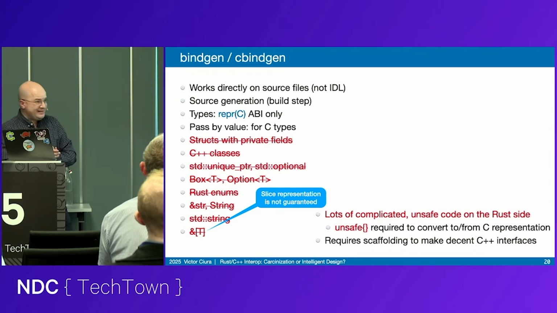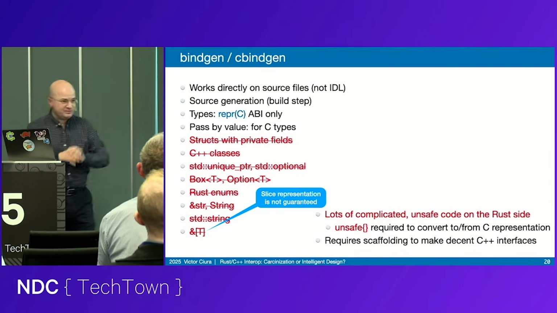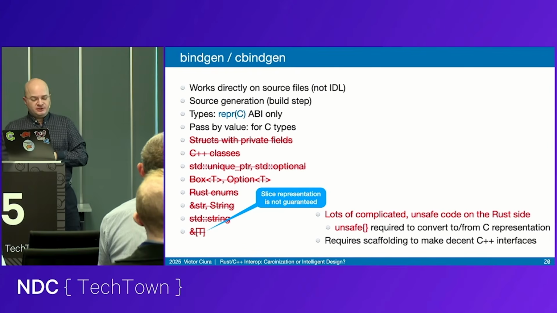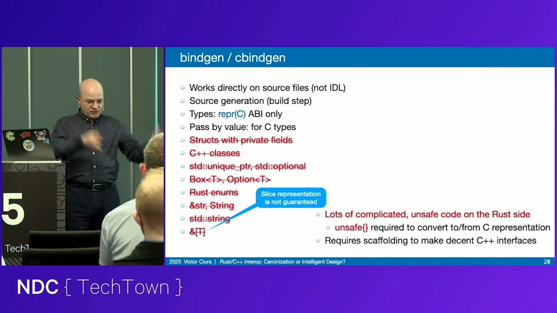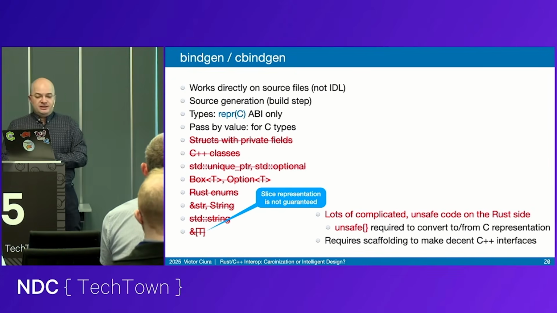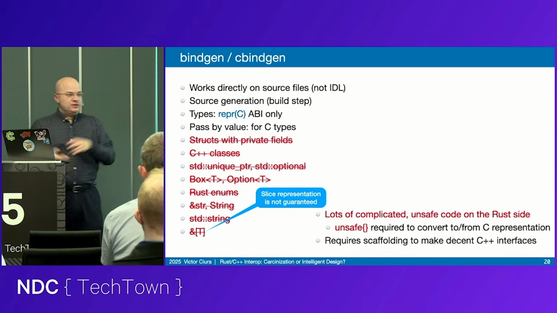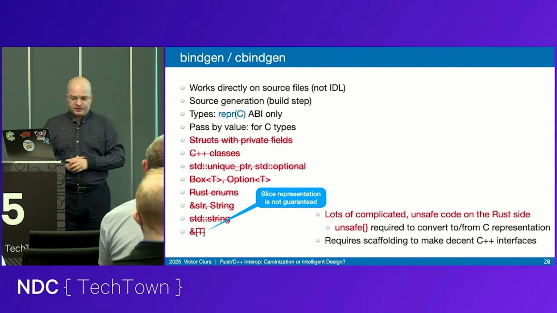And you only get pass-by-value for just C types, right? I'm going to stress that a bit throughout the solutions out there, because pass-by-value is something you want for performance. And I'm going to talk about what it means to put stuff on the stack, and when you can and cannot do that, and when you can and cannot move structures around, right?